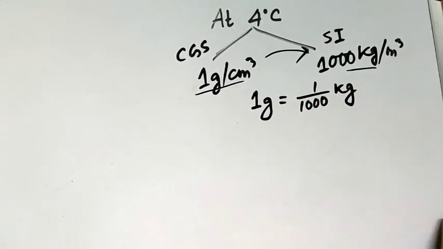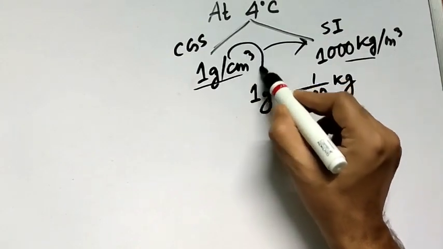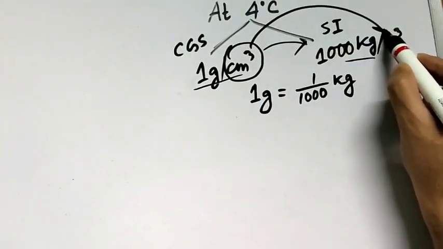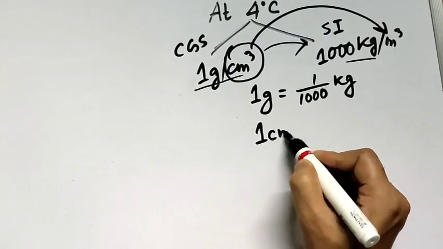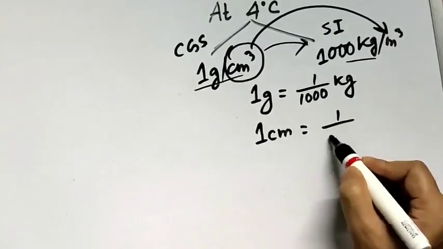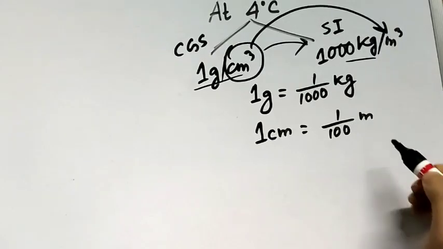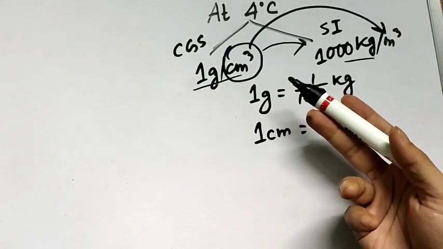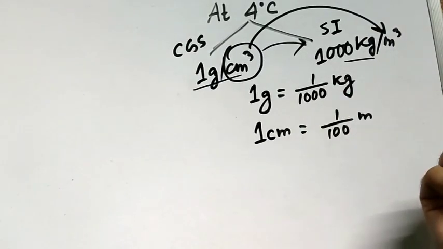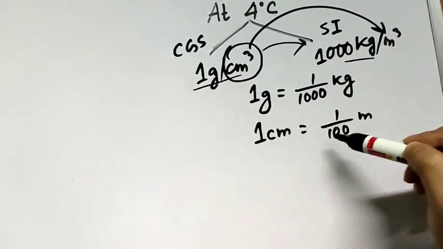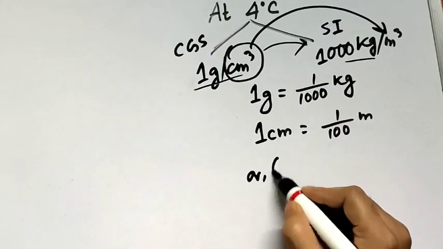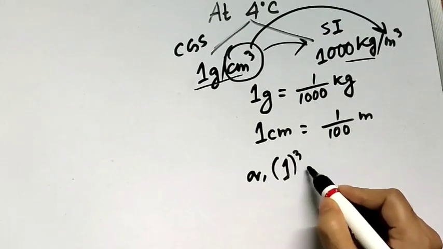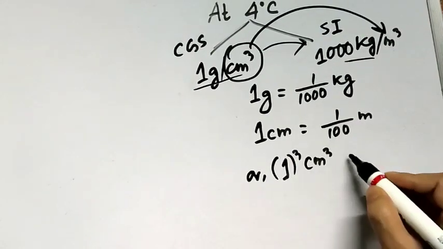Okay, now how to convert centimeter cube into meter cube? Let's write 1 centimeter is equal to 1 by 100 meter, but we don't have centimeter over here, we have centimeter cube, so we have to cube it here too. So if I do that, it becomes 1 cube and centimeter cube.